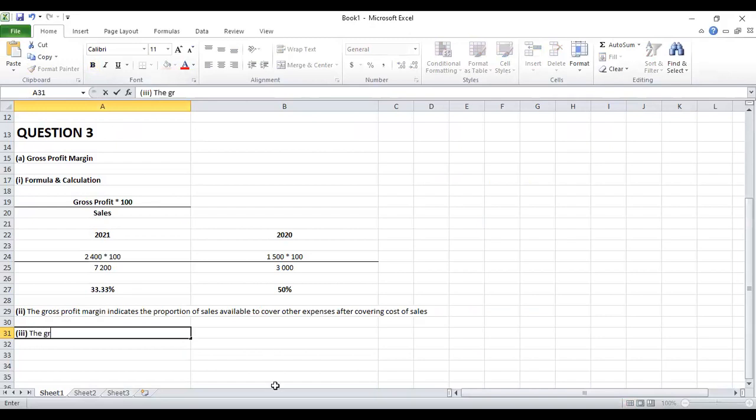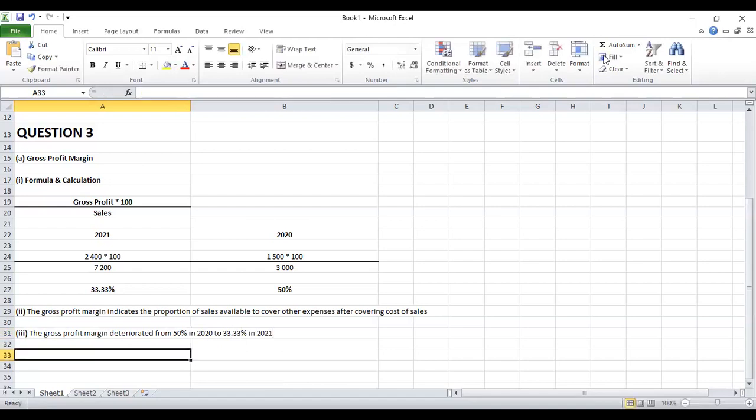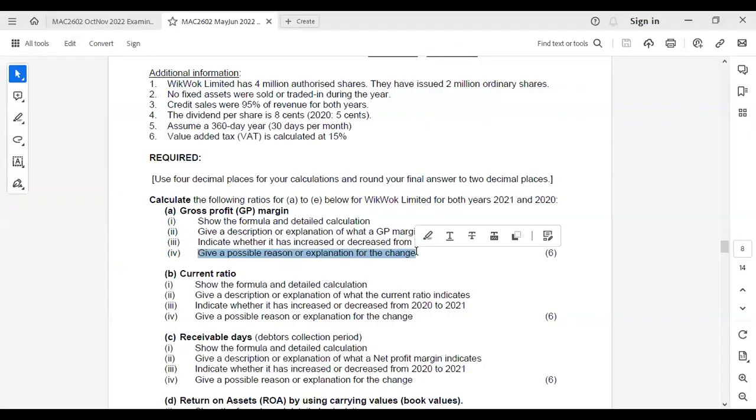So we can say the gross profit margin deteriorated from 50% in 2020 to 33.33%. Right. So you have stated whether it is improved or reduced. Give a possible reason.